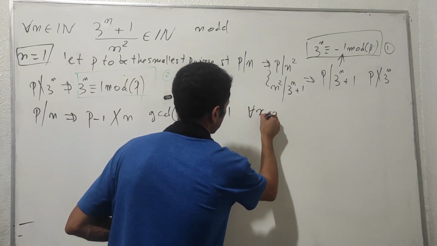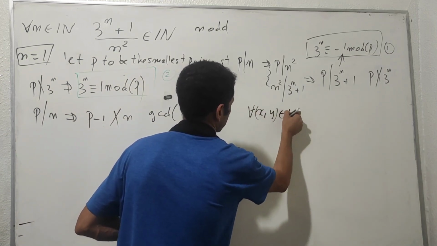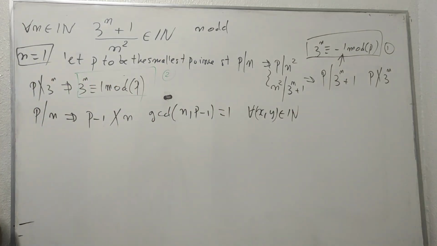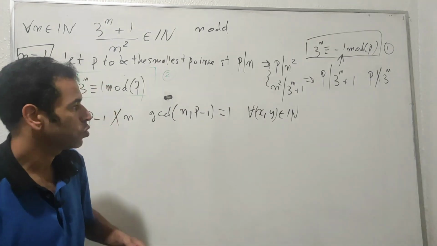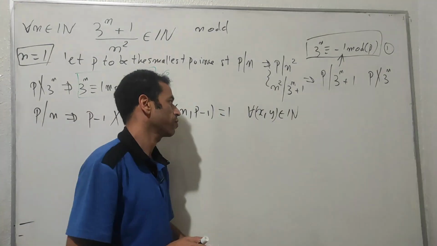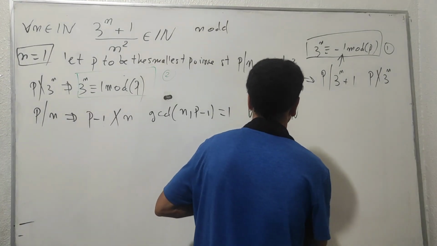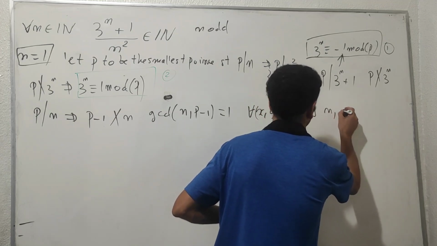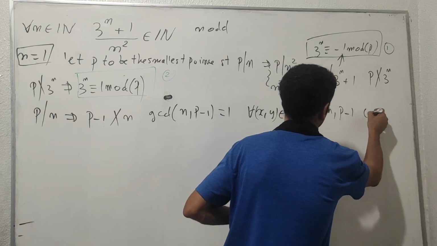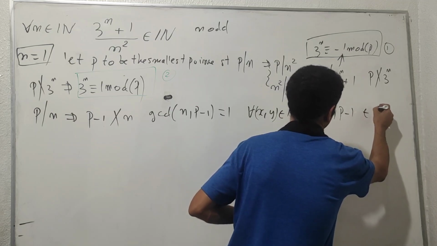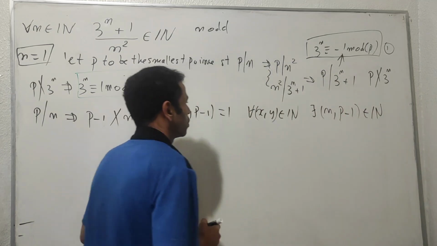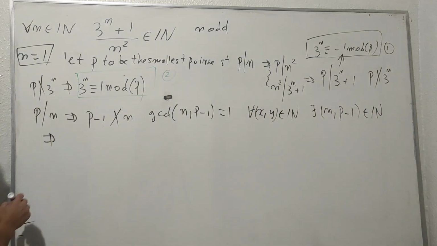So for all x, y as a natural number or integer, I'm going to take this one in particular as a special case for the Bezout theorem. So there exist n and p minus 1, also integers or natural numbers, such that we write this in the form of the Bezout theorem.